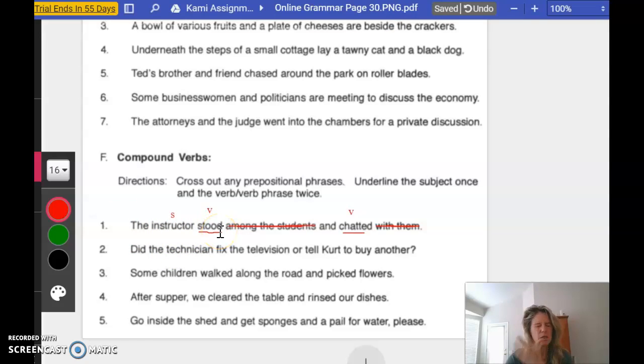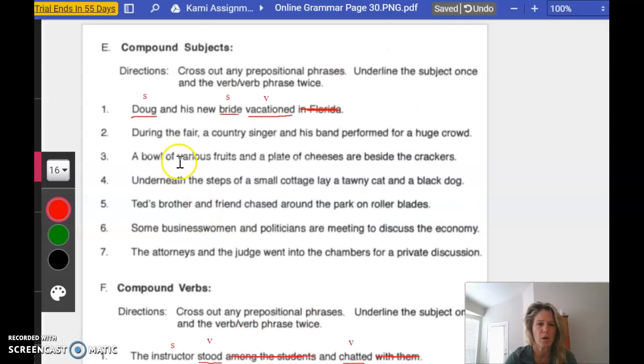Keep in mind, we've talked about this in class, but a sentence can have as many subjects or verbs as it wants and still be considered a perfectly good sentence. The example we used to use in class was when I would talk about a triathlon. If we were talking about compound subjects, you could say Susie, Matt, Larry, Ted, and Fred participated in the triathlon. All those people would be subjects.